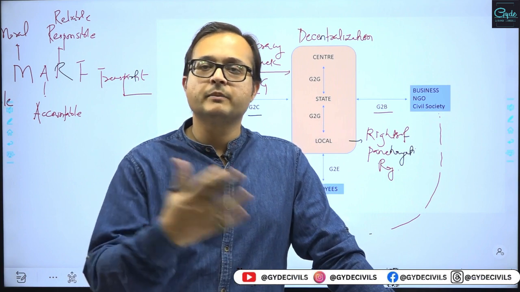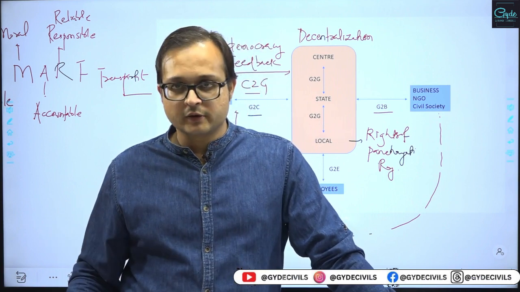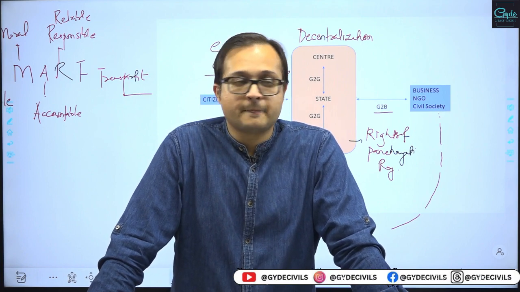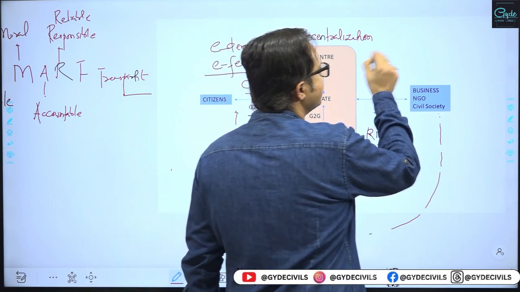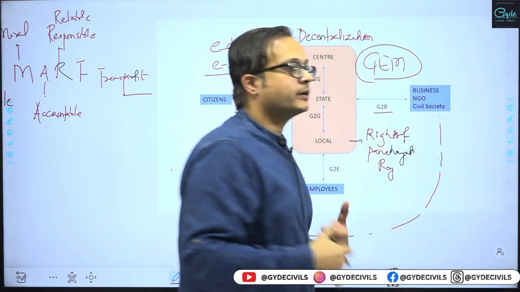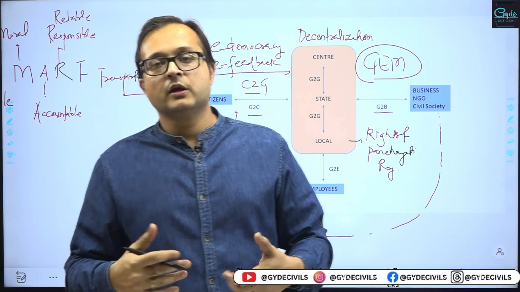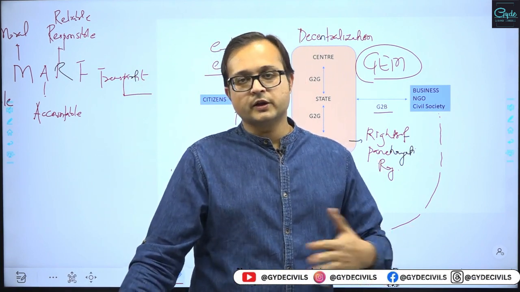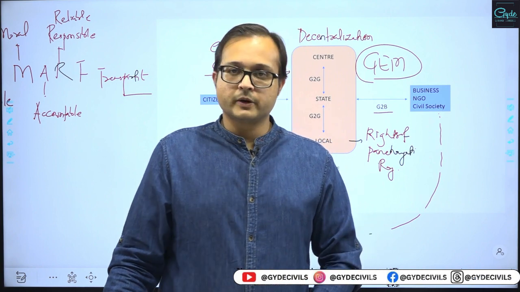All of these can be done through the online portal itself. That is also one thing. Then Government e-Marketplace, GeM, right. Government e-Marketplace where the businesses can register themselves for the sale of goods and materials to the government offices or different other public procurement, right.